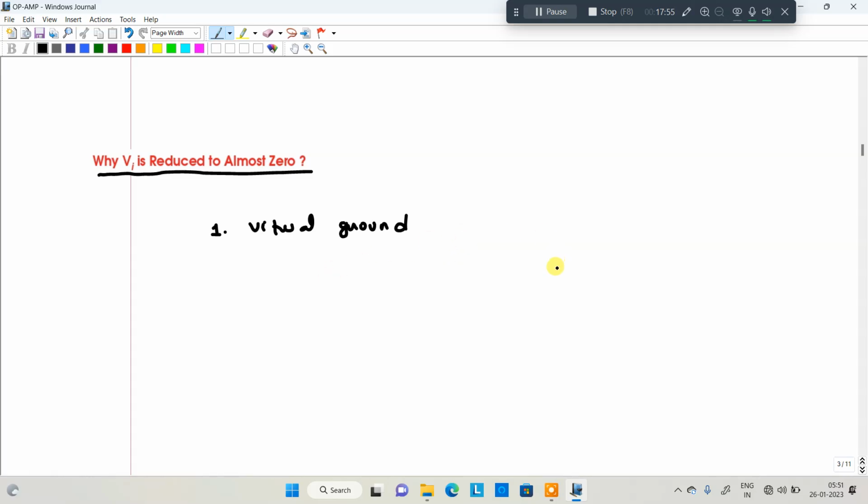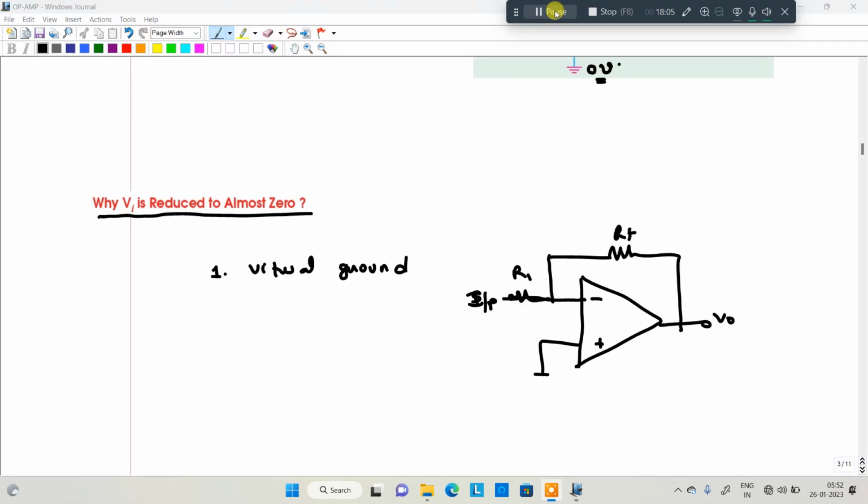Second case, in this particular op amp, for example an inverting operational amplifier. The first case, the virtual ground concept, reduces Vi to almost 0. The second one is that some of the output V0 is fed back to the input.